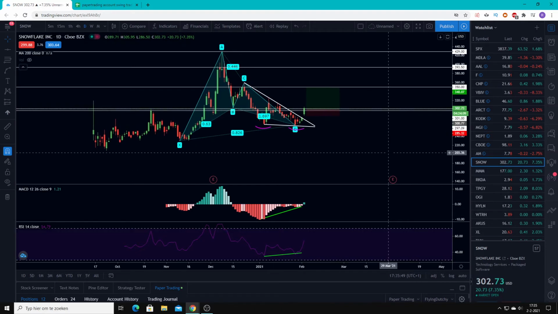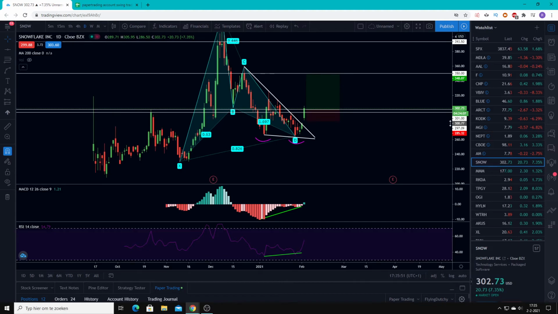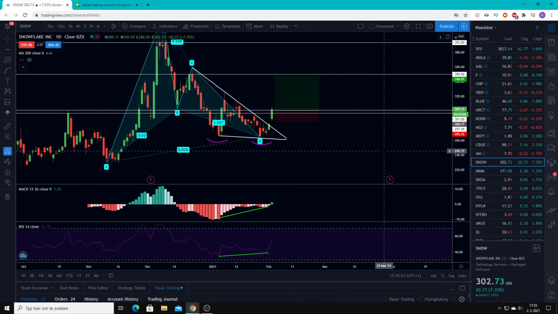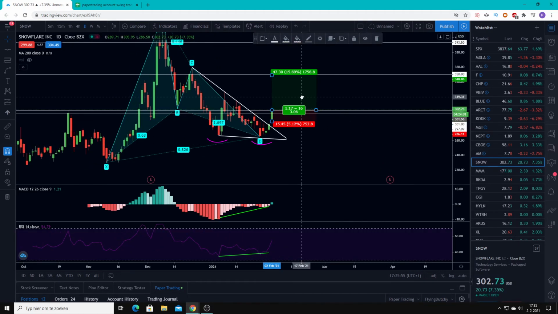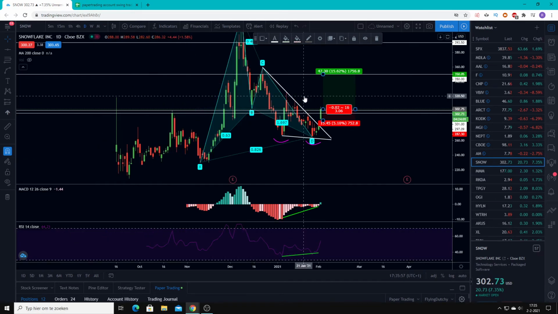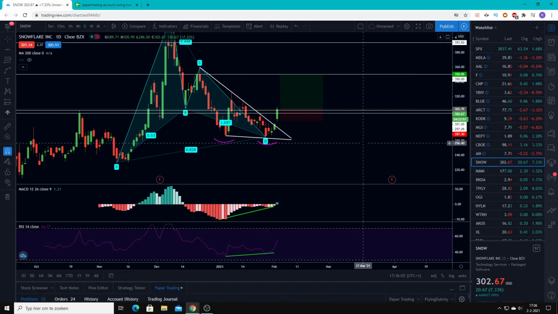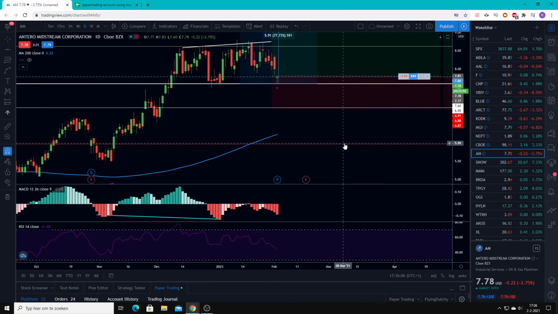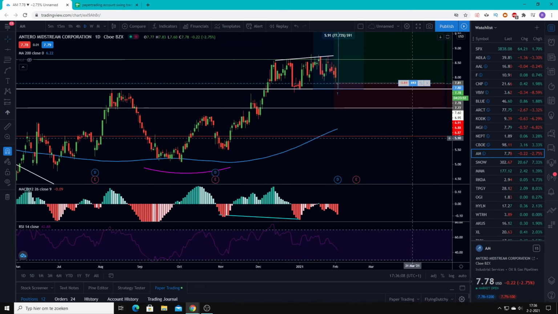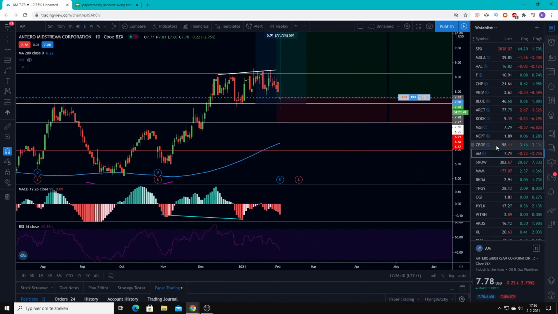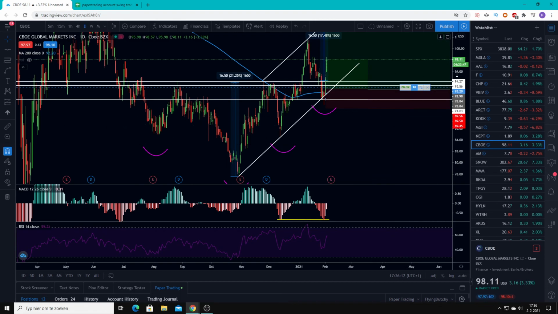This was something I really wanted to enter here, but I had no equity available. I could enter it maybe tomorrow when it opens over here, because it's back above the trend line. But we will see. Anyway, guys, that's gonna be it. So there's your Antero Midstream entry and your CBOE update.